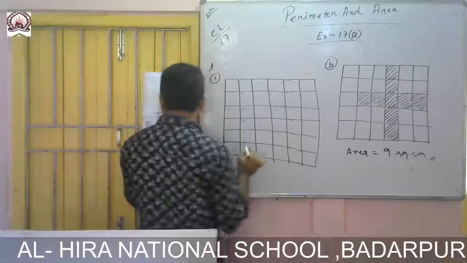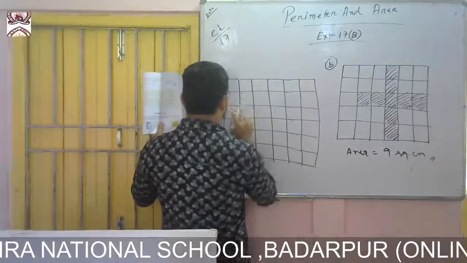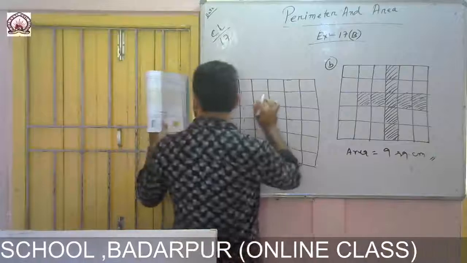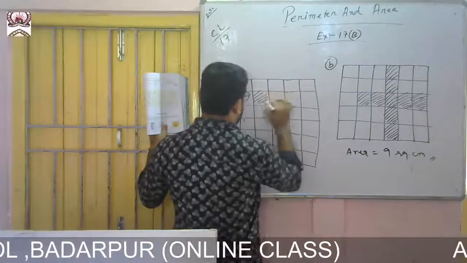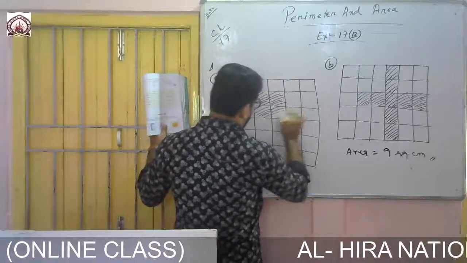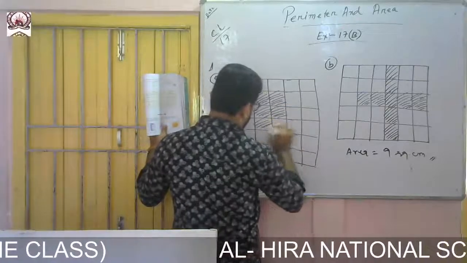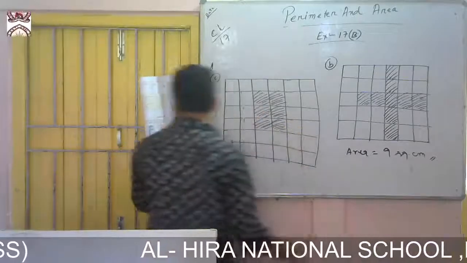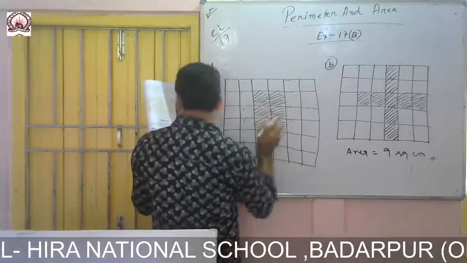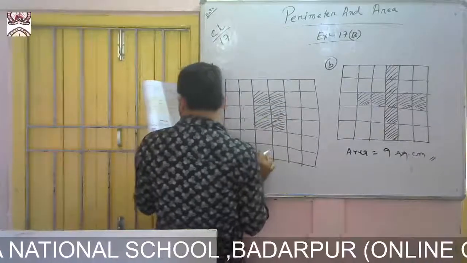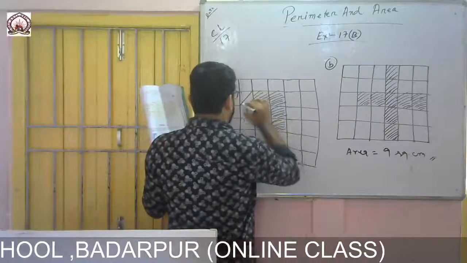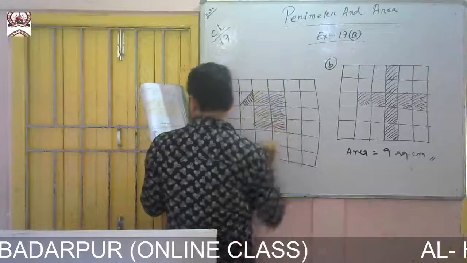1 2 from there, 1 2 3. So these two are fully shaded. 1 2 3 4, 1 2 3 4 5 6. Now this one is up to half shaded, this one up to half shaded.